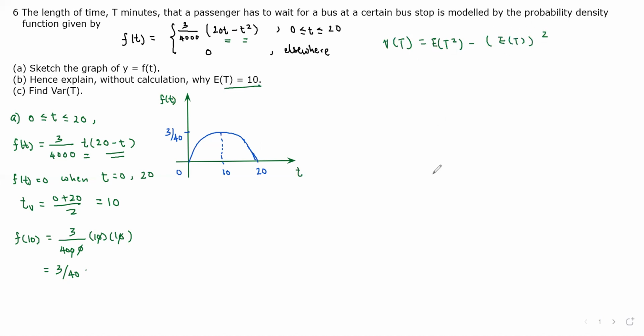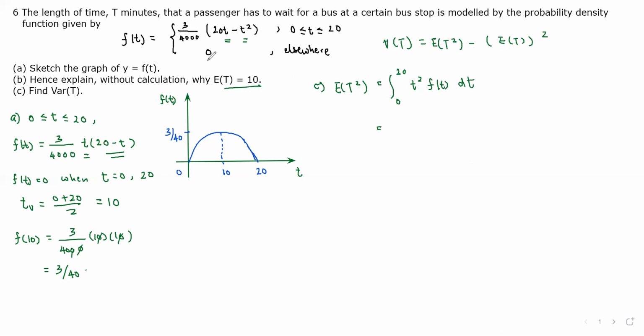And we still need to find the expected value of t squared. To find the expected value of t squared, the graph is non-zero from 0 to 20. Then we have the integral of t squared f of t dt. We just integrate with respect to t to find the expected value of t squared for a continuous random variable.